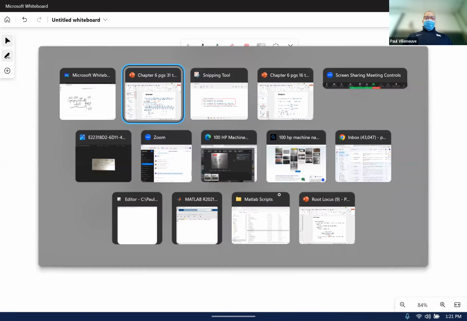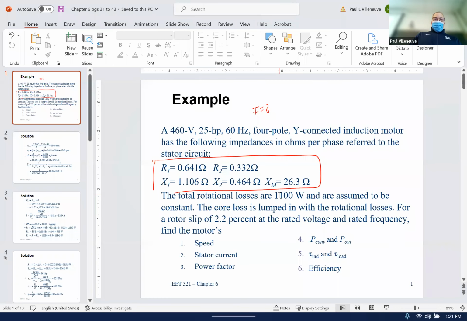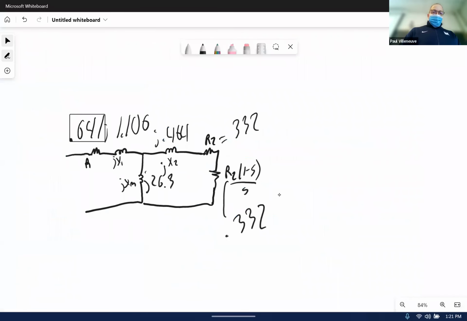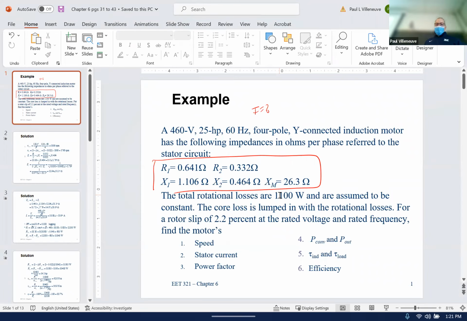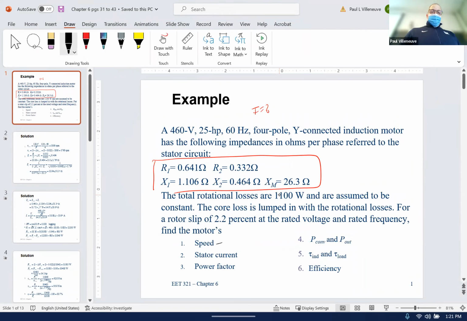Now we need to take a look. It's 460 volt, so the voltage over here is 460. Got to convert that to a phase voltage. That's the voltage that we apply. Now we have enough information to answer the question. The first thing we need to do is speed.